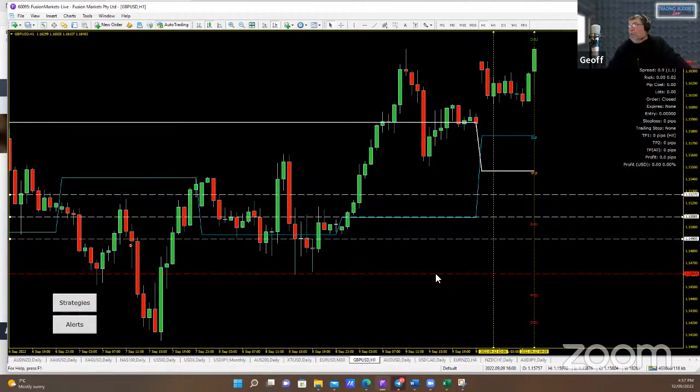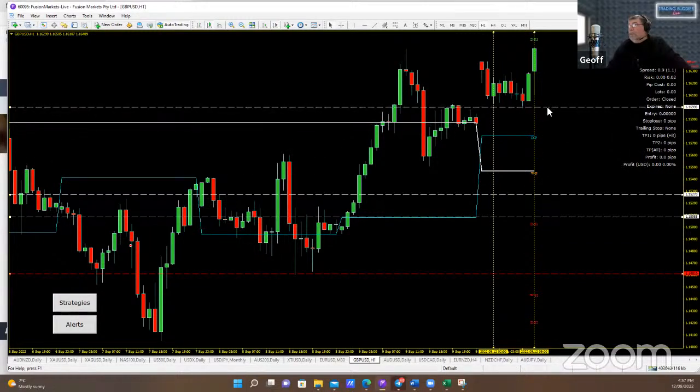So that's the range that we isolate. We've got 6 candles in there, 2, 4, 6, and we take the range of the current bar and the low of that range from Tokyo Open.